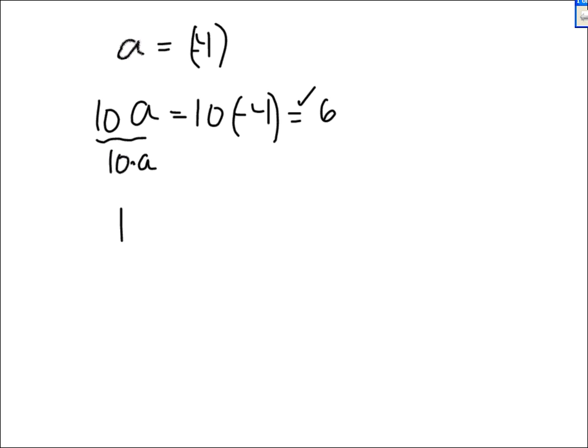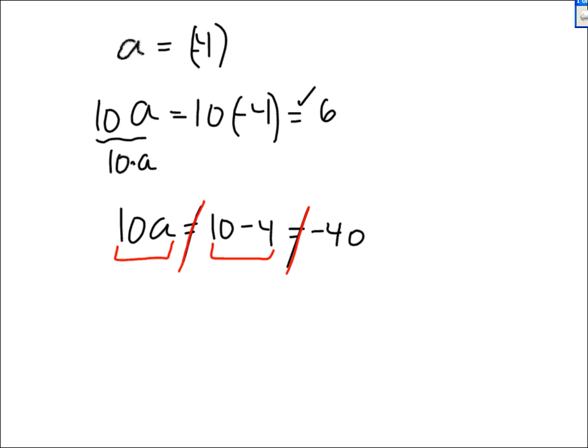I have students who write 10A is equal to 10 minus 4, which is negative 40. And they get very upset when I mark both of those wrong. I'll probably give them some credit, but to be honest, nothing they wrote is correct. Because 10 times negative 4 is not 10 minus 4.